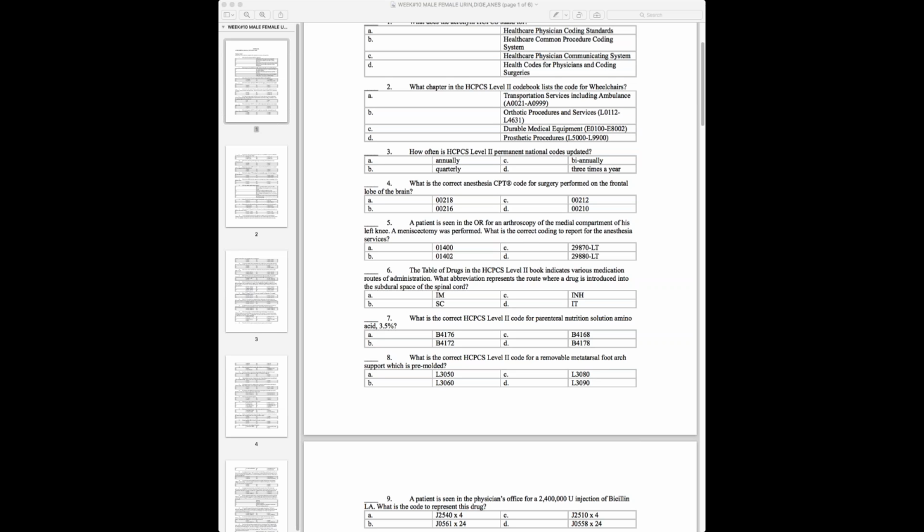And she also had a bilateral salpingo-oophorectomy, which is the removal of the tubes and the ovaries. So CPT code 58150 includes with or without removal of tubes or ovaries. So number 37 is A as in apple.